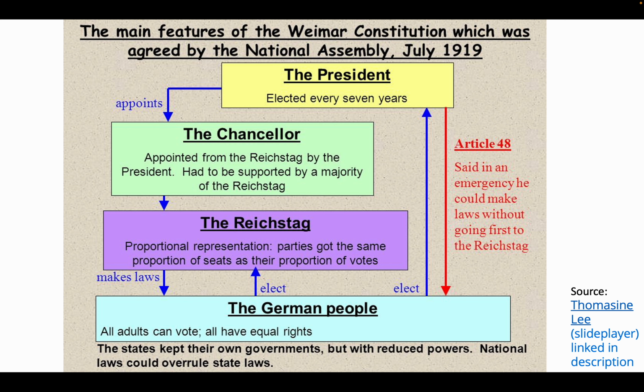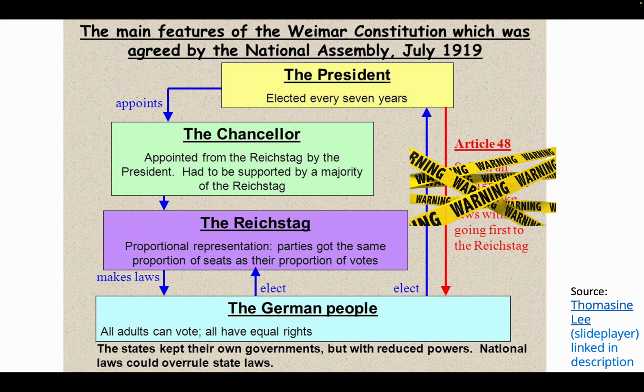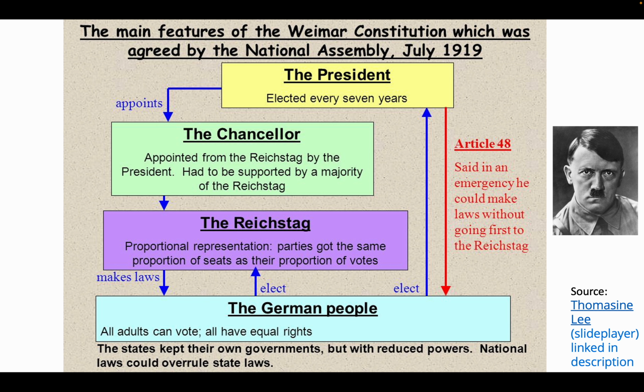However, an emergency wasn't really defined. So they could just say, oh, there's a fire here, so there's an emergency, which this man, who we all know, ends up doing a couple of years later down the road. So this is quite dangerous, as I showed by the sign here, and it's foreshadowing something that's going to happen with Article 48 and this man.